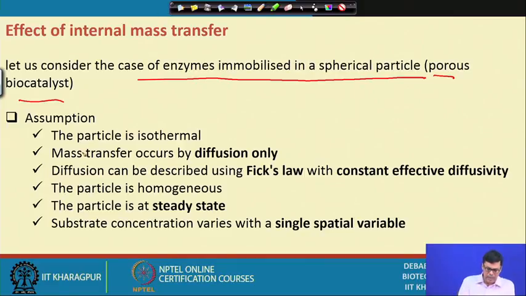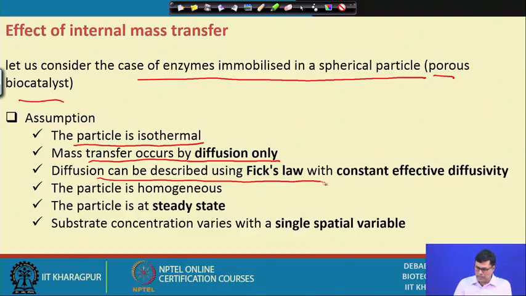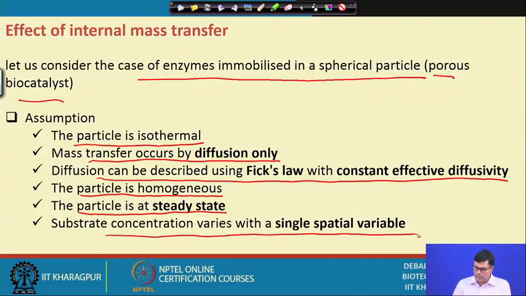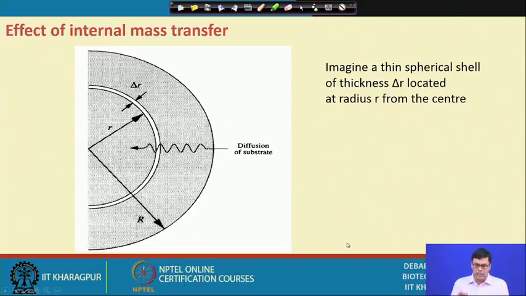The assumption is that the particle is isothermal, meaning you keep the temperature constant, and mass transfer occurs by diffusion only, with the diffusion rate expressed using Fick's law with constant effective diffusivity. The particle is homogeneous, at steady state, and substrate concentration varies with a single spatial variable. If we assume all these things, then we can write this.